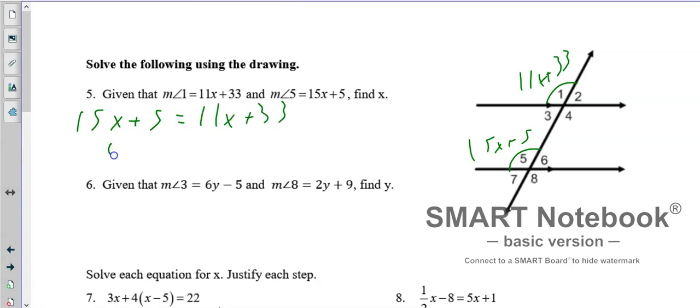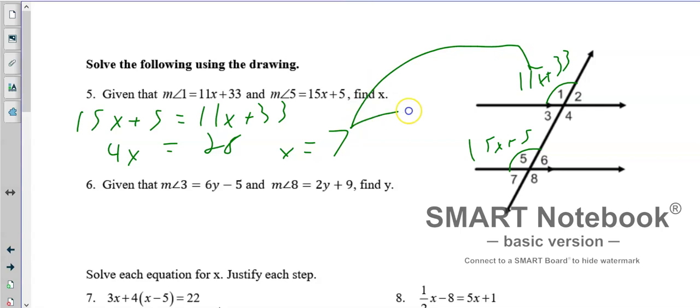If I subtract 11x, I'm going to get 4x. If I subtract 5, I'm going to get 28. And if I divide by 4, x is 7. And again, the nice thing is I can plug these in and make sure that they end up being equal. And they will.